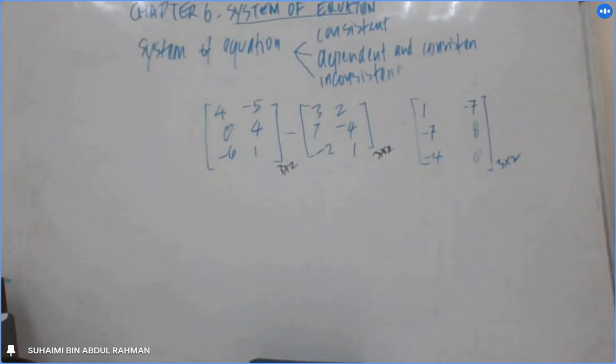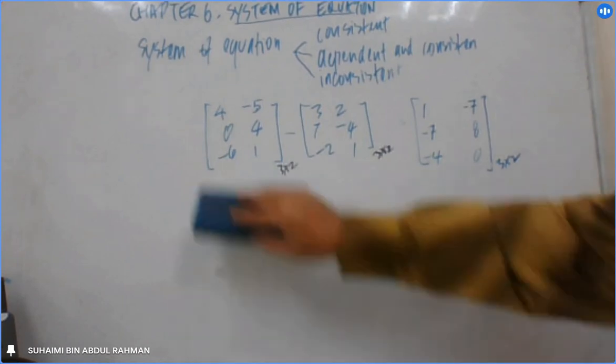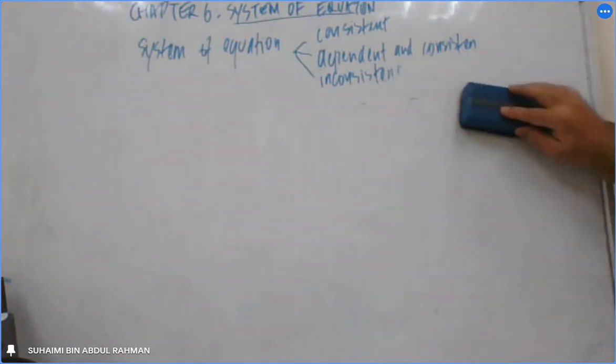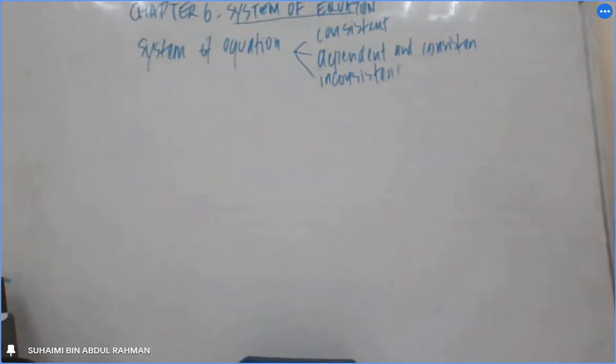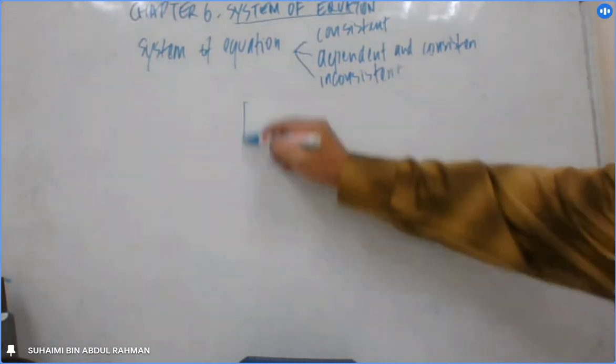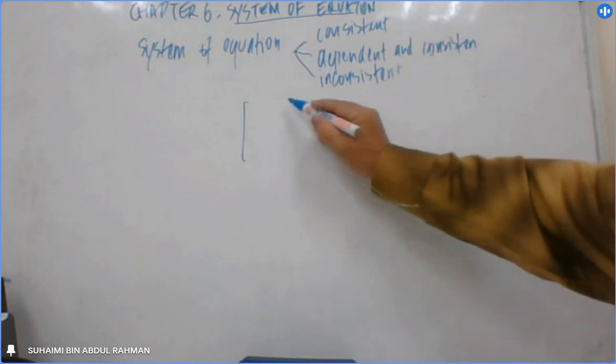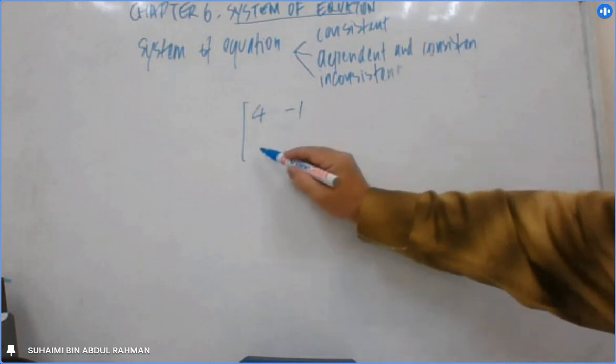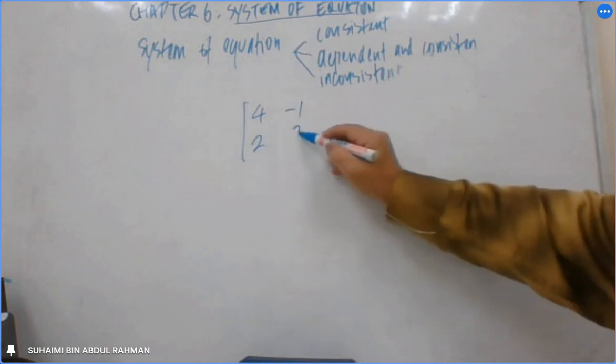And then we have also the product of a real number and a matrix. Let's say one matrix, we multiply by one real number. Let's say one matrix 4, minus 1, 2, 3.